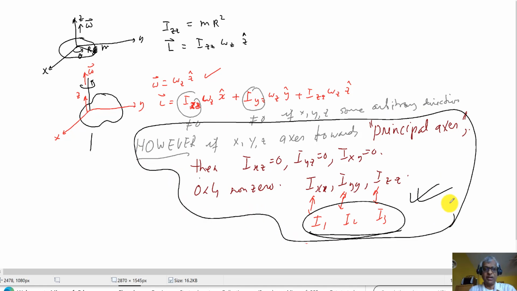So if you have, for instance, a cylinder, then there will be one principal axis, and this will be another principal axis, and this will be another principal axis. So you can call them x, y, and z. These will be the principal axes.